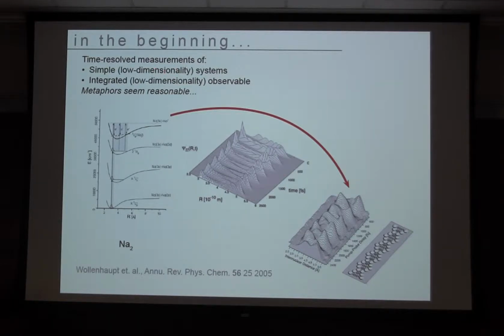And so particularly we have simple or low dimensionality systems, or equivalently somewhat low dimensionality observables. And so there's a nice case that a simple wave packet in sodium dimer here oscillates back and forth. You can calculate how it looks, and if you go and measure the photoelectron spectrum, you can basically just follow these oscillations and tie that into just the bond length, just this vibrating motion of the molecule.